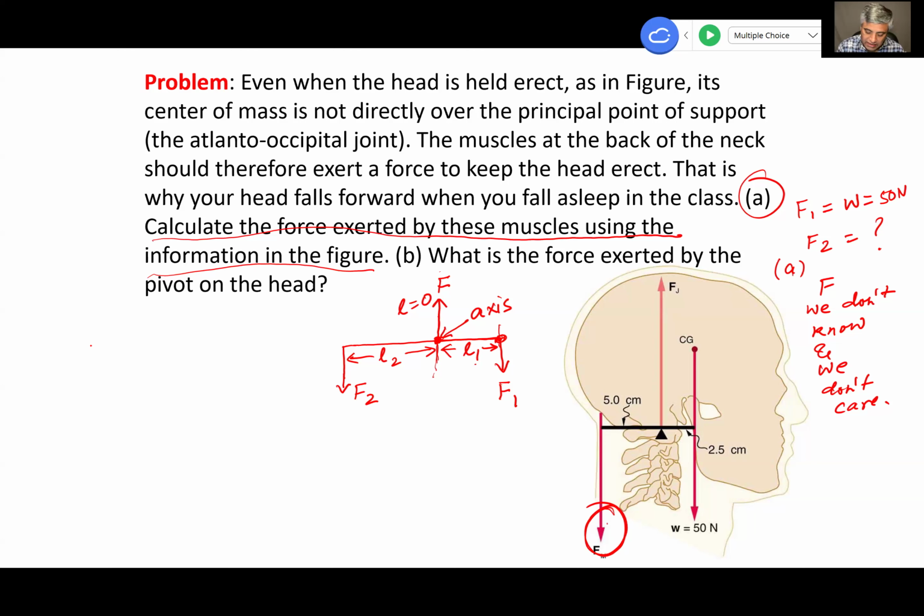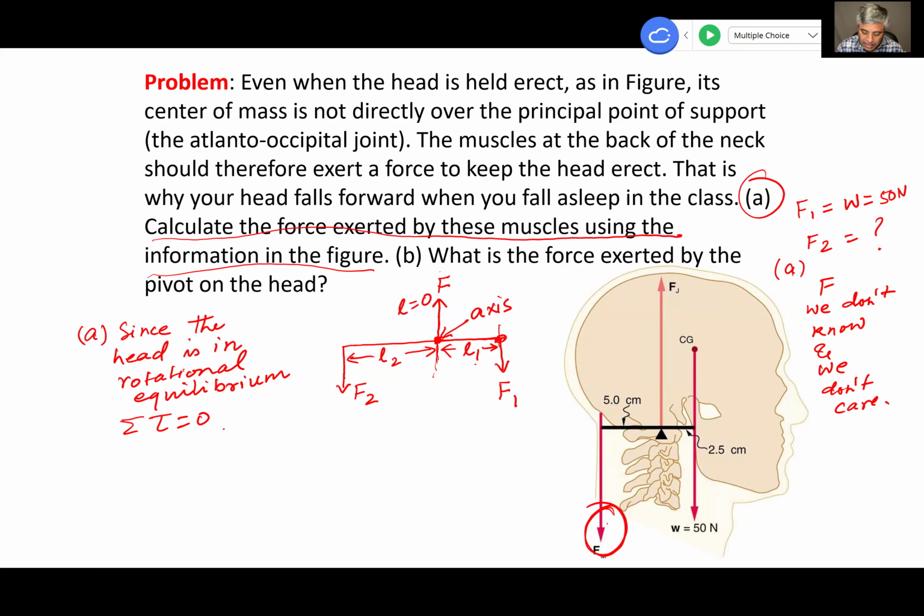So now, to solve part A, since the object is in rotational equilibrium, we can write that the net torque is equal to 0.